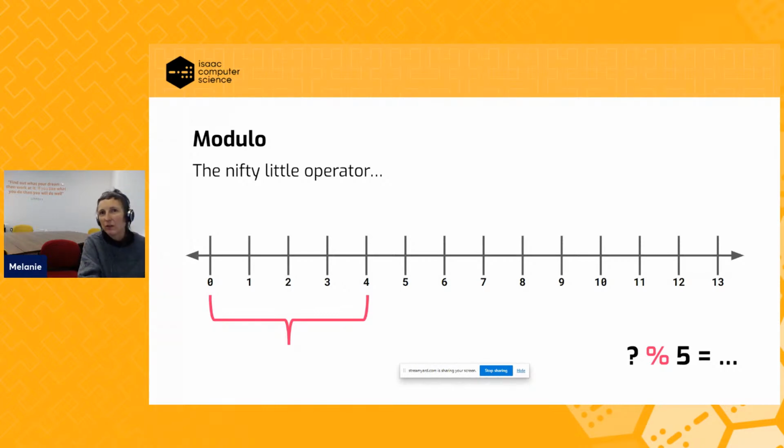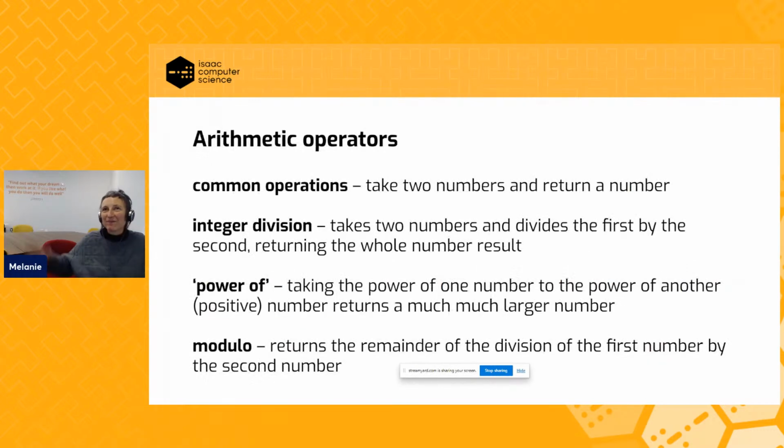And I will show you some examples in a moment, because now we've got our common operations, the ones that you know ever since primary school. You've learned maybe something new, which is the integer division. Well, actually, it's not new. It's just what computer scientists call that kind of division that you've done in primary school. Then we've got the idea of power of.